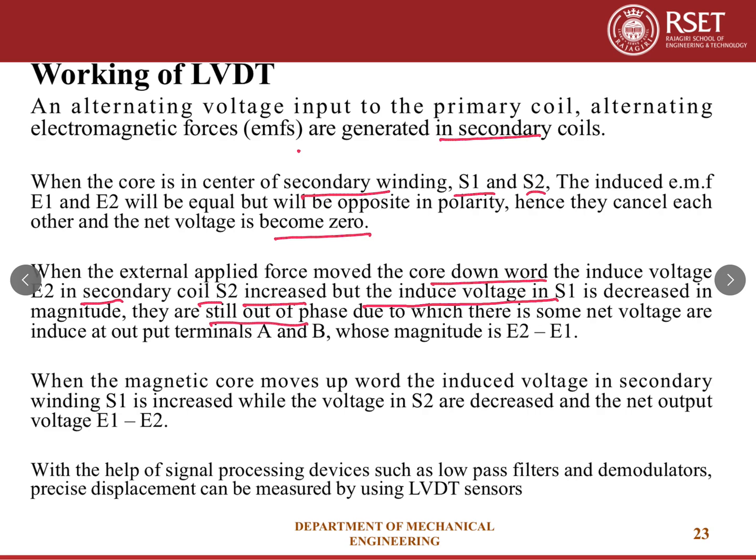They are still out of phase, due to which there is some net voltage, because E2 is greater than E1, therefore there is a net voltage in the output.